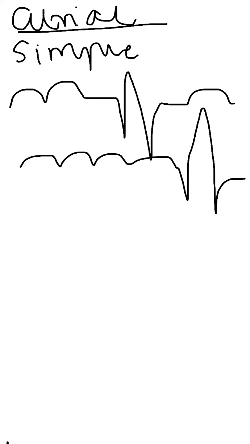Then we have what are known as flutters. In flutters, we have P waves that are known as capital F waves. In these waves, you find that they are not as defined as what we see in the P waves. Let me just draw how they look.